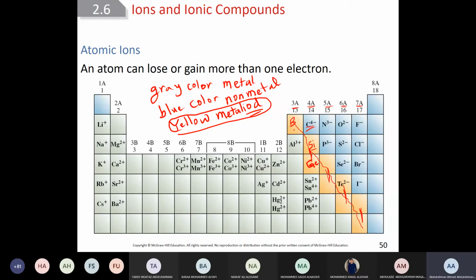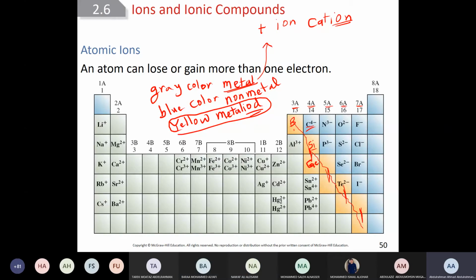Good. Is this clear? Now, the other thing that I want you to look at in the periodic table. The metals will always make a positive ion, which is called what? Cation. Exactly.